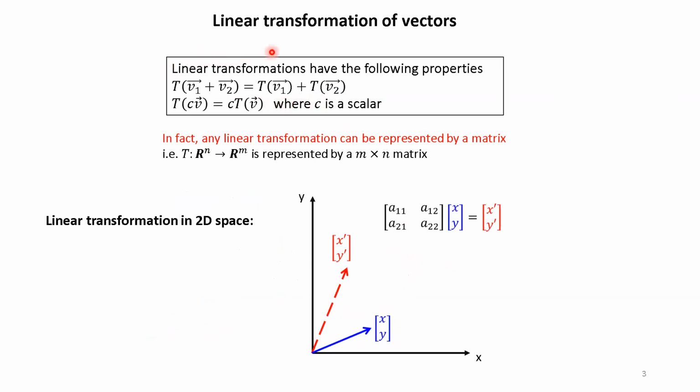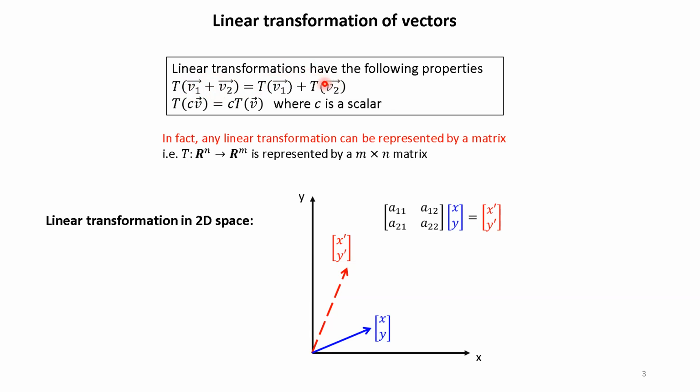Linear transformations have the following properties. If I transform the sum of two vectors, v1 plus v2, that would be the same as transforming the two vectors individually and then summing them up.